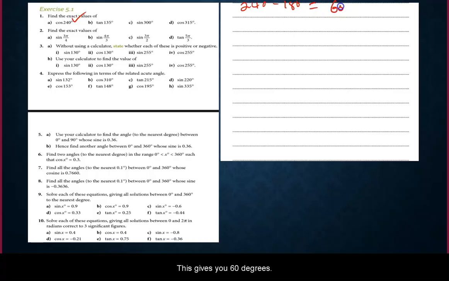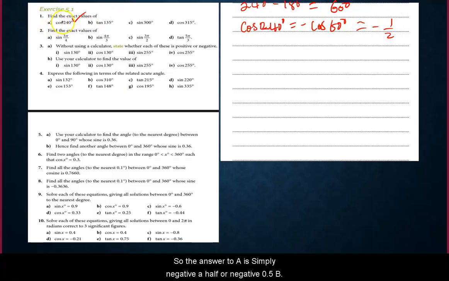This gives you 60 degrees. This implies that cosine of 240 degrees is equal to negative cosine of 60 degrees. And what is negative cosine of 60 degrees? This will give you negative a half. So the answer to A is simply negative a half, or negative 0.5.